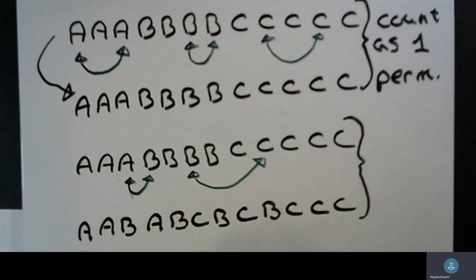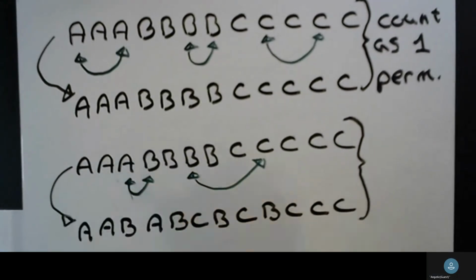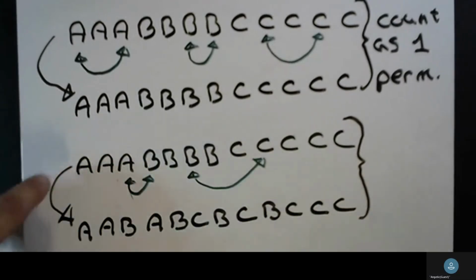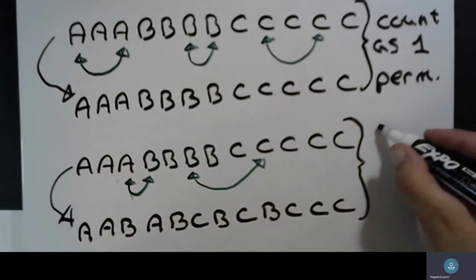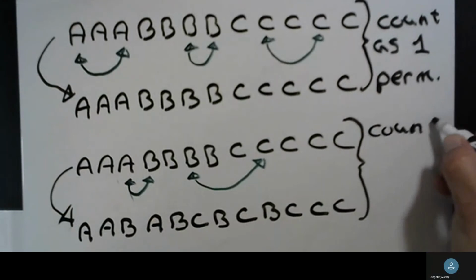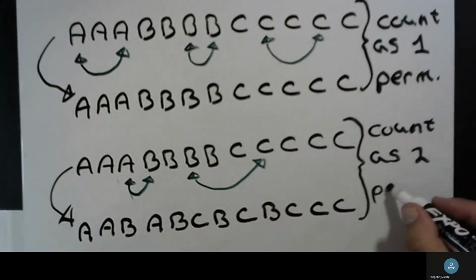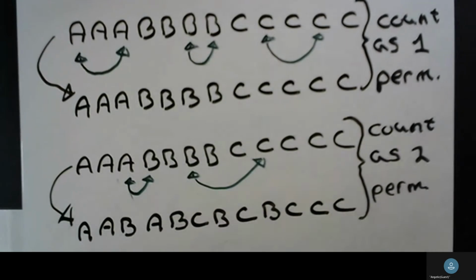Now, in this case, as we go from here to here, when we make our switch, now the permutations are distinguishable. So these count as two permutations.